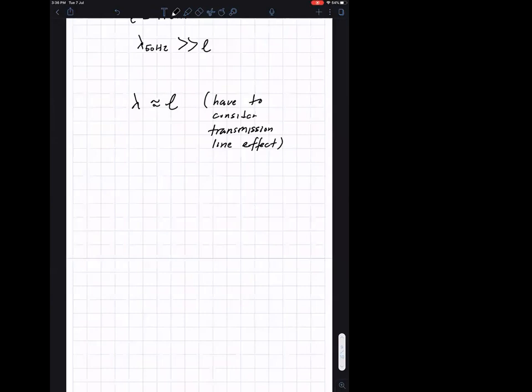So when the wavelength is extremely long, and you are sending a signal at 50 hertz from this side, you assume there's no transmission line effect.